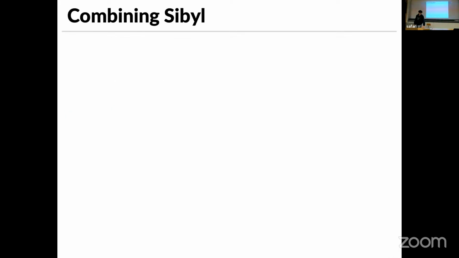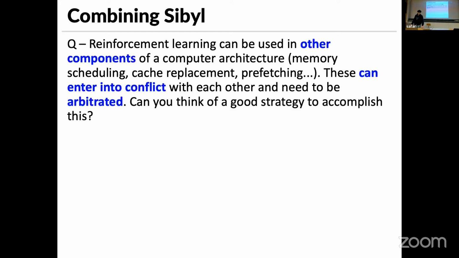Moving on to the next point. This is about how reinforcement learning is used in other components of a computer architecture. They could enter into conflict with each other, and they would need to be arbitrated.